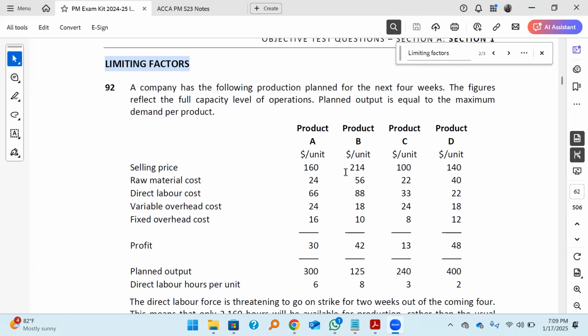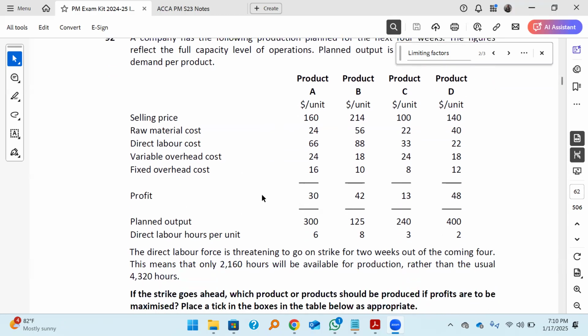Then you can also look at the raw material cost, the labor cost, the variable overhead and the fixed overhead, and then the profit that can be got per unit, and the planned output, which is 300, 125, 240, and 400. But the direct labor hours per unit is this.